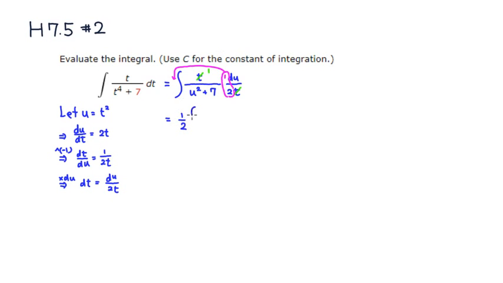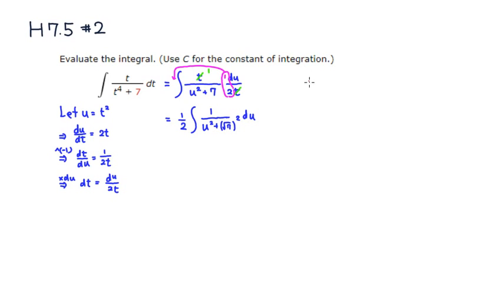Then you have an integral of 1 over u squared plus, I'm going to look at the 7 as the square root of 7 squared, du. And then we know that this is arctangent.